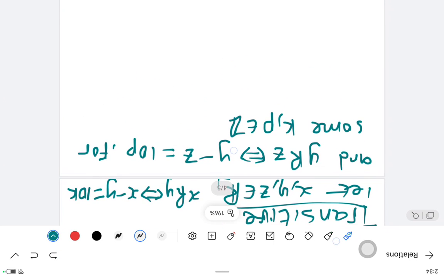Since I have this, to check whether this is transitive, I can either add or subtract, but I prefer adding.